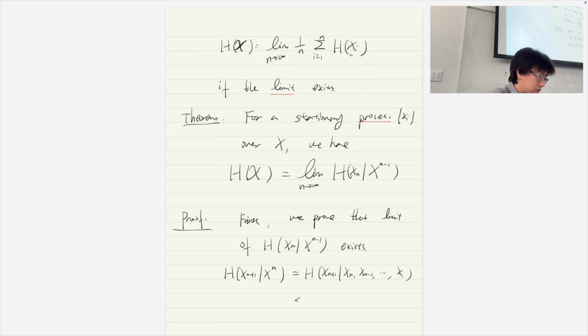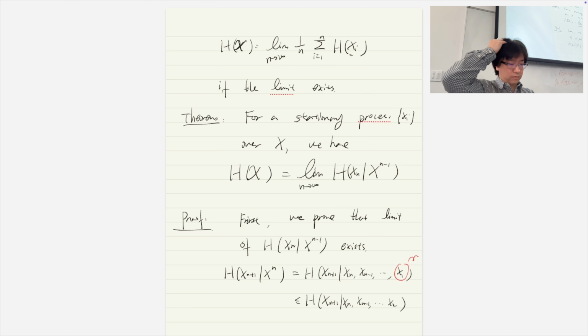Then if we drop this X1, we're going to have an inequality, an upper bound of it, because conditioning always reduces entropy. So if we have less conditioning, then the entropy will increase.